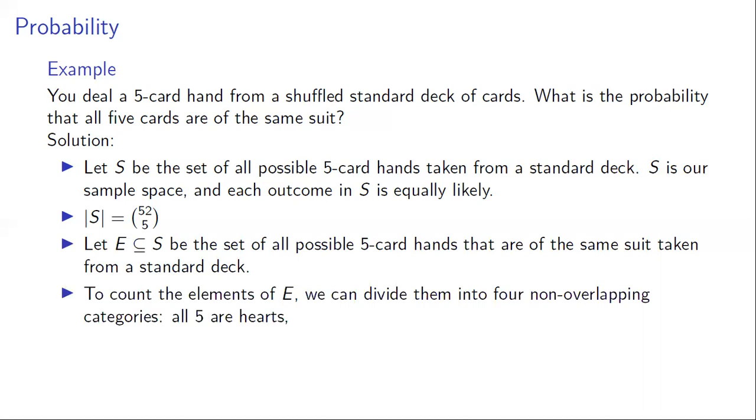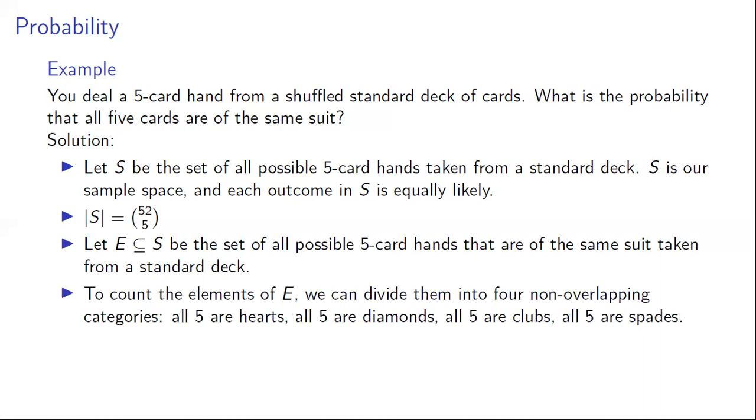The second category is where all 5 are diamonds. The third category is where all 5 are clubs, and the fourth category is where all 5 are spades. These are non-overlapping categories because if all 5 are hearts, then it's not possible for them to be all diamonds and so on.